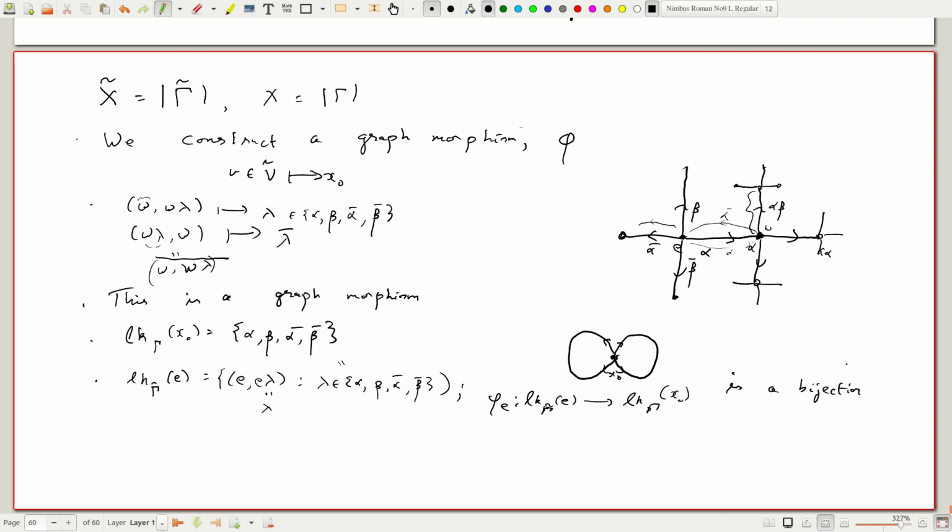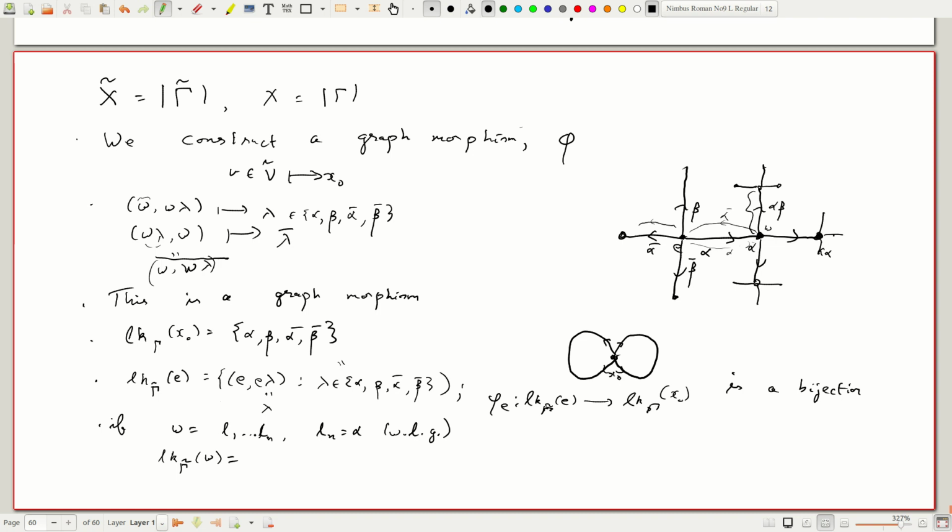And now if I took a general word, so if W was equal to L1 through Ln, and let's take Ln is alpha, just for definiteness, without loss of generality, you can consider other cases the same way. Then what is the link in gamma tilde of W? Let's take something ending with alpha.